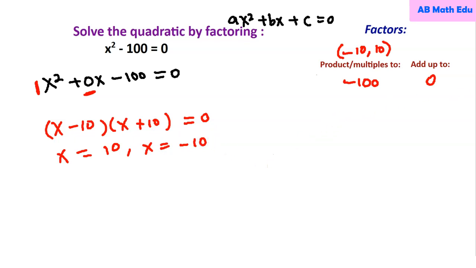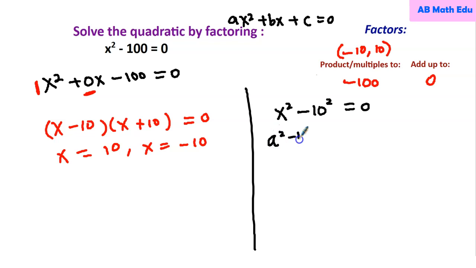There's another way that we could do this. It's called the difference of two squares. We can do that because it's a square. One number squared will give you back 100, which is 10 squared. And then we have the difference of two squares, which states that if we have a squared minus b squared, it's just a matter of a plus b and then a minus b.